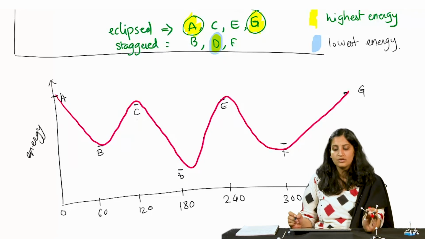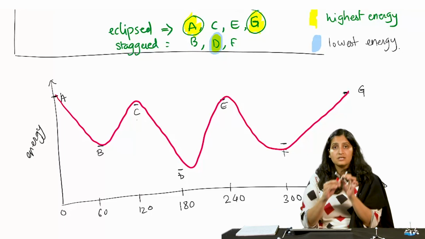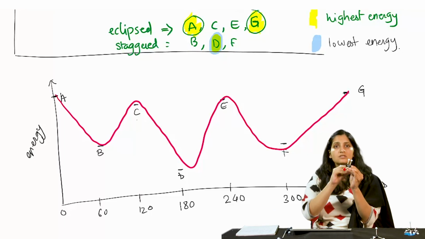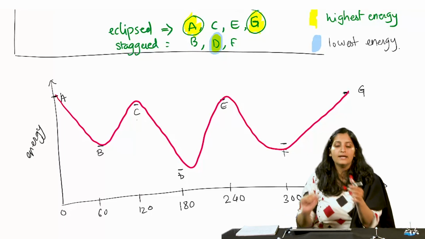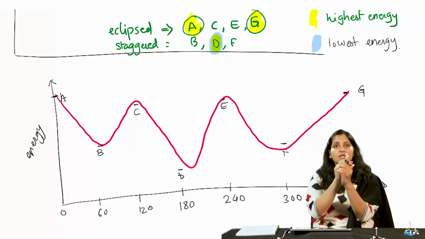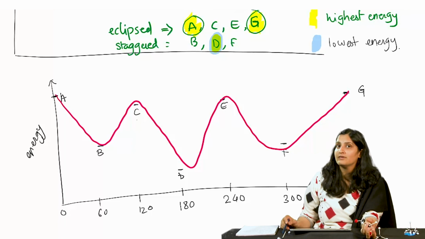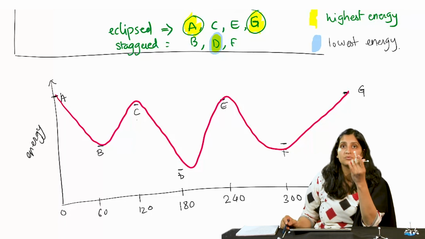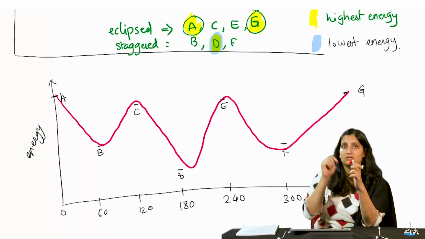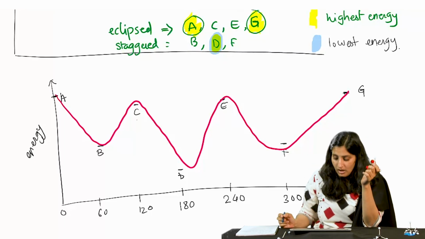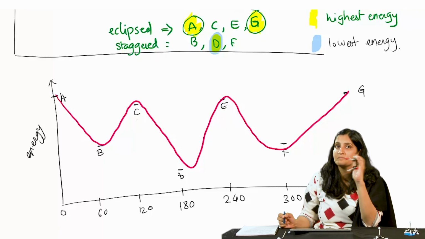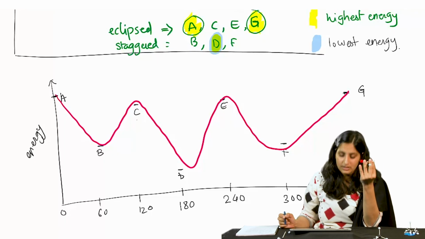As you can imagine, the energies of these conformations are going to put a strain, and that strain will vary as we go through each conformation. Now, if we really have to calculate the amount of strain that gets put on as we move through these particular conformations, you can imagine that A, which has the methyl-methyl eclipsing interaction, will be highest in energy.